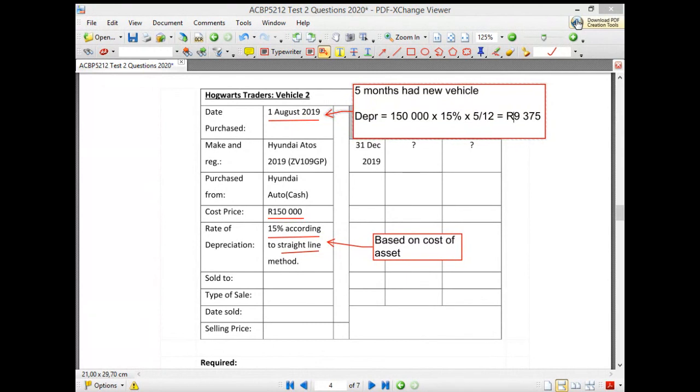Okay, so the last thing that you need to remember is they asked you to do the general ledger account. So now we have to go close off our accounts. They didn't ask for year-end closing transfers, so for your nominal accounts, you don't have to go close them off. It just means your balance sheet accounts, your vehicle accounts, and accumulated depreciation account.